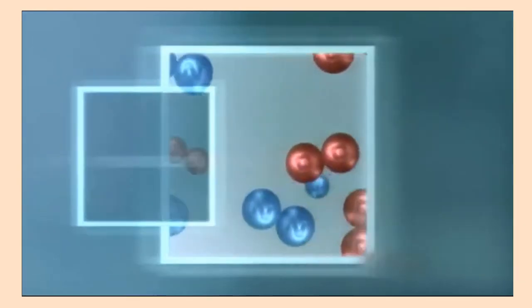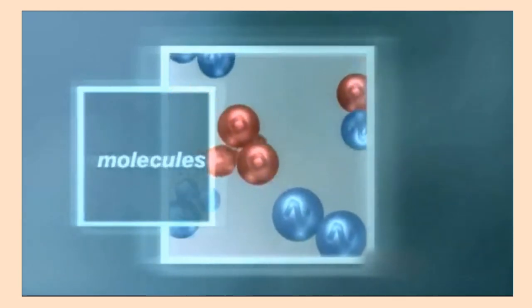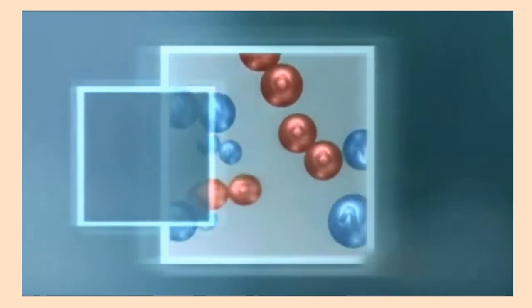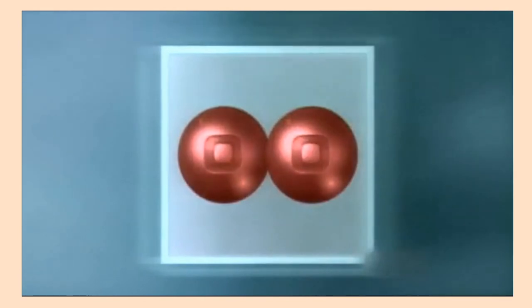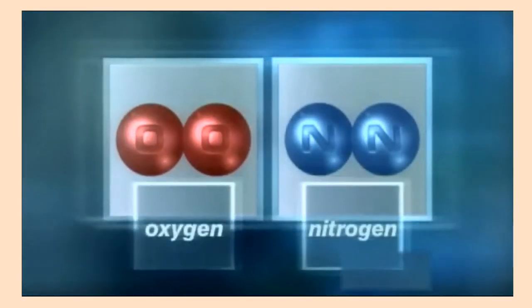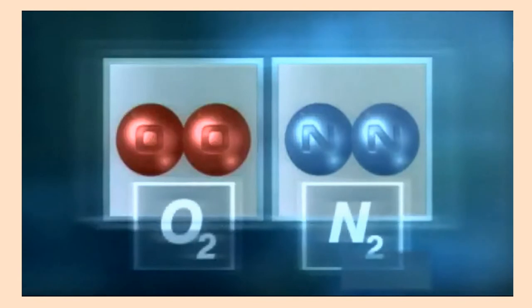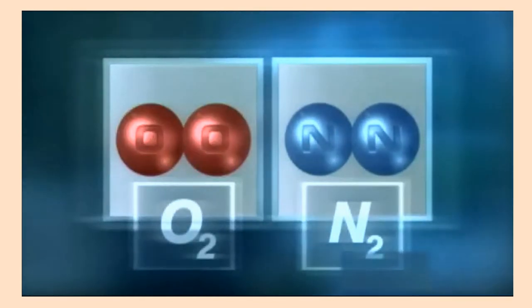Sometimes atoms can join together to form molecules. Many common gases, such as the oxygen and nitrogen in the air, are examples of atoms that exist as a molecule made up of more than one atom of the same element. Every element and molecule has a chemical formula which shows how many atoms it has.